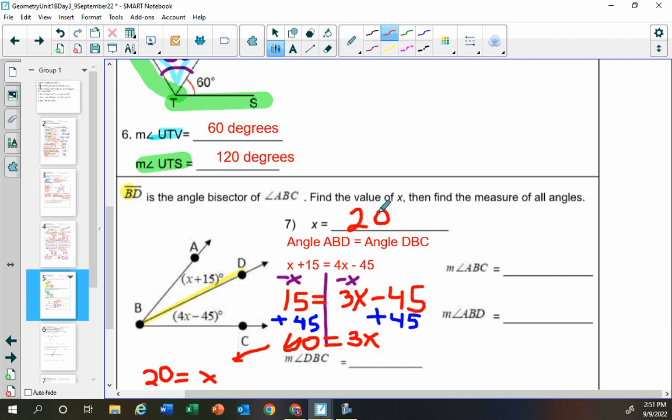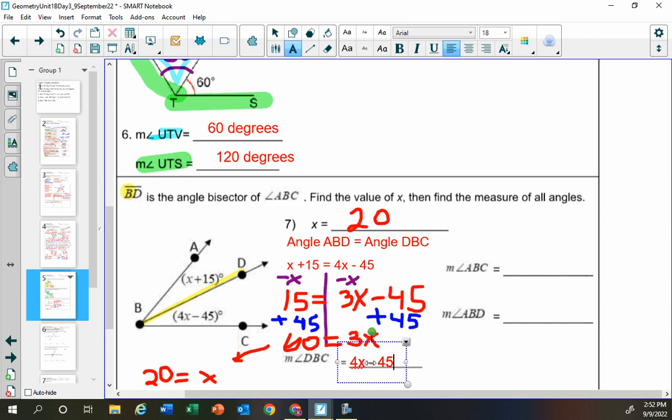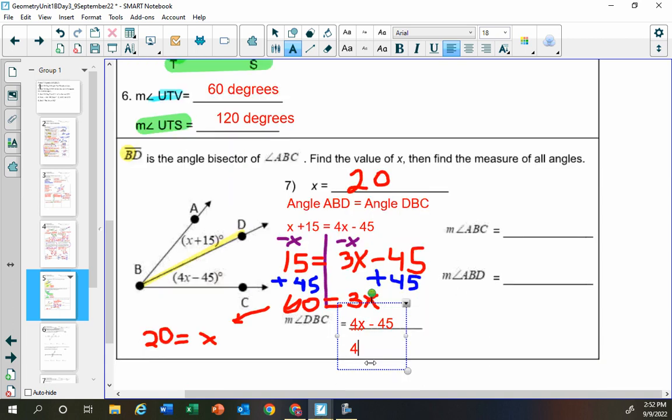Exactly. And then what you're going to do, now it's a little wonky because this was kind of out of order. So DBC was your 4x minus 45, so it would be 4 times 20 minus 45.